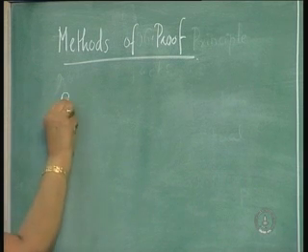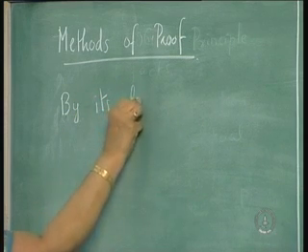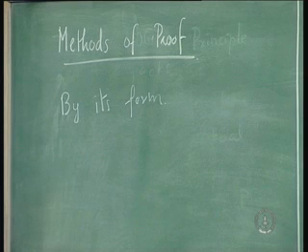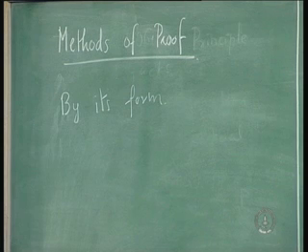There are several ways in which you can prove theorems. One is by its form. The form of a theorem or the statement may look like a tautology, and because it is a tautology, it is proved. A tautology is always true, so it will be proved.